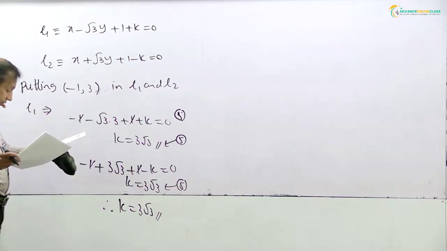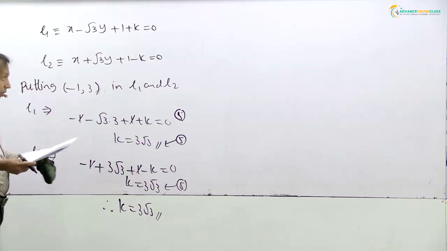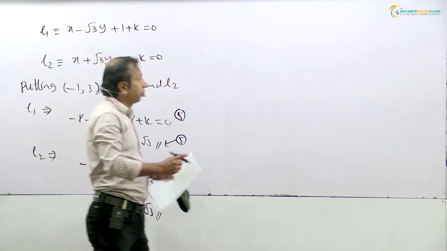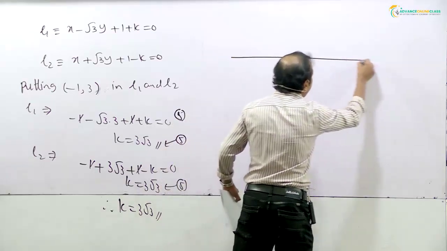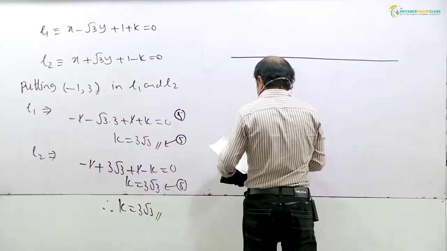Now remember the two lines intersect at -1, 3. They tell me the acute angle bisector of L1 and L2, so that the point A, 2, 3 lies on the line L, the acute angle bisector. This way I take two lines.